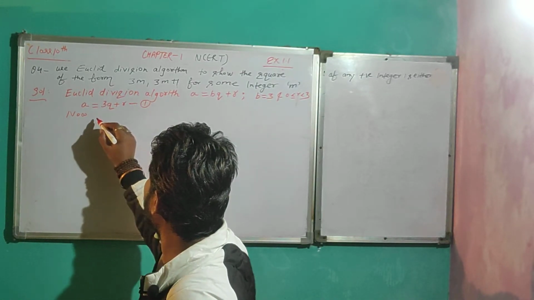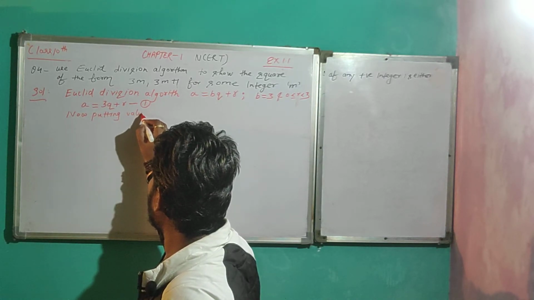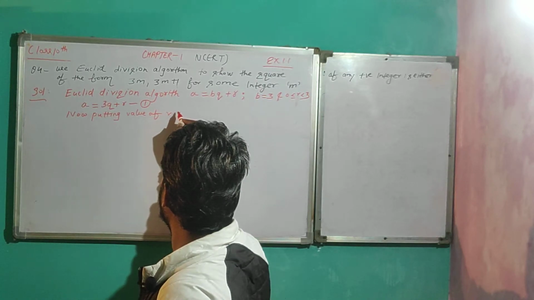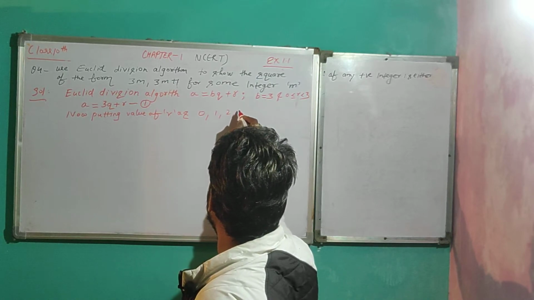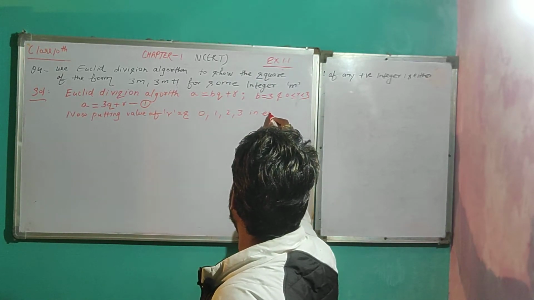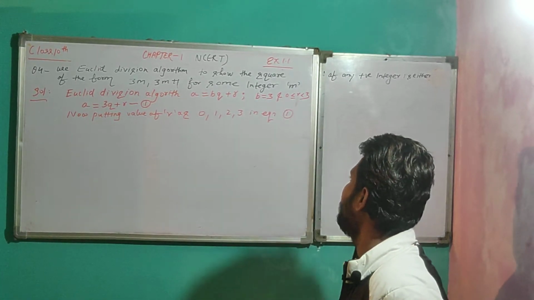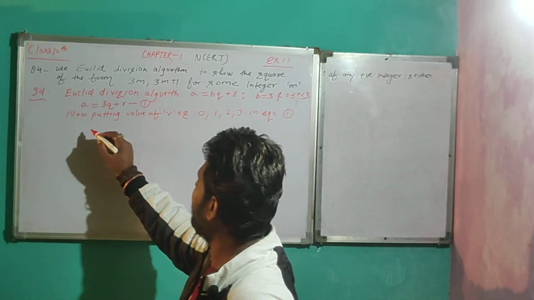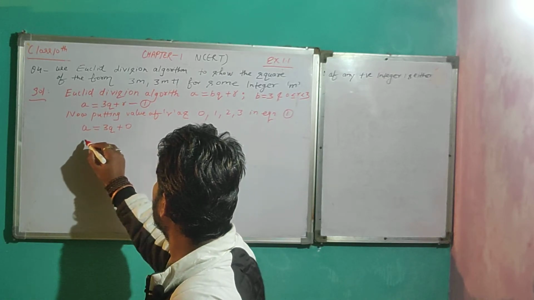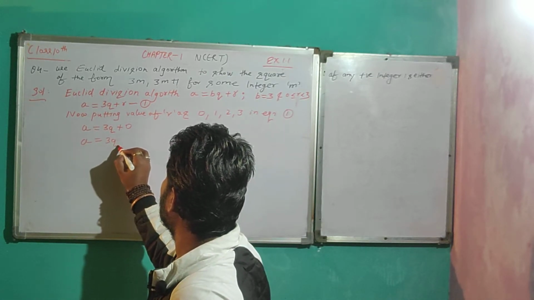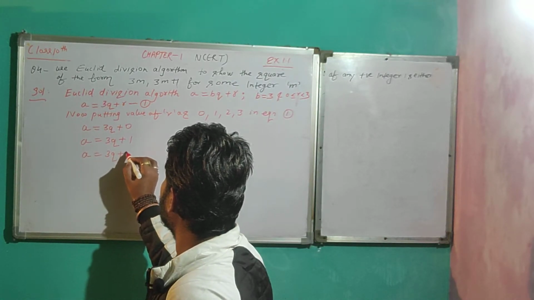Suppose this is equation first. Now putting the value of r as 0, 1, 2 in equation first, we get a is equal to 3q plus 0, a is equal to 3q plus 1, a is equal to 3q plus 2.